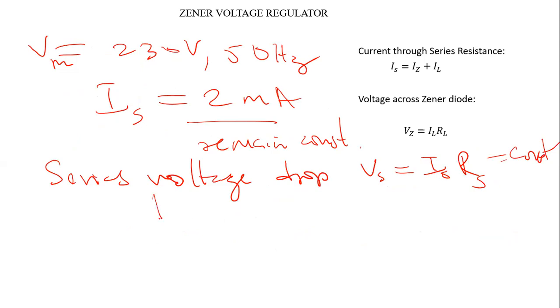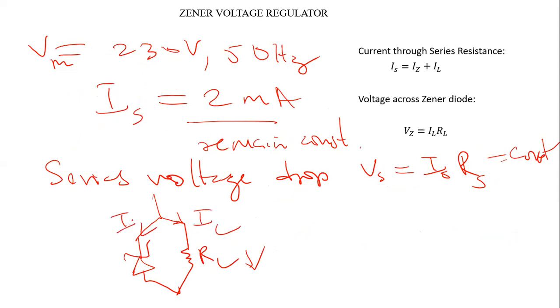Now in your parallel connection, here again this is your zener diode. Here is your load resistance RL. RL value drops now. This is your IL. This is your IZ. So we say that this relation will be maintained because of the parallel circuit here. This is the voltage across the zener diode.